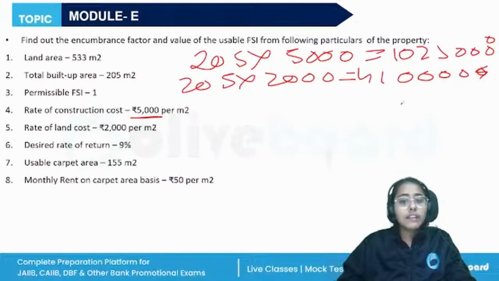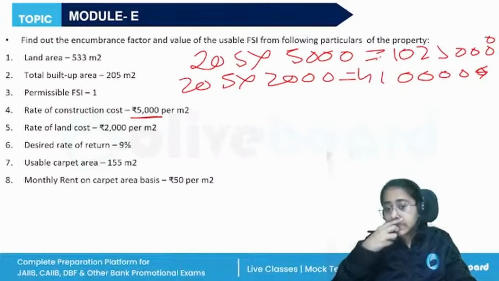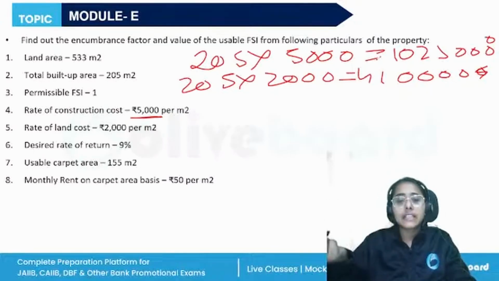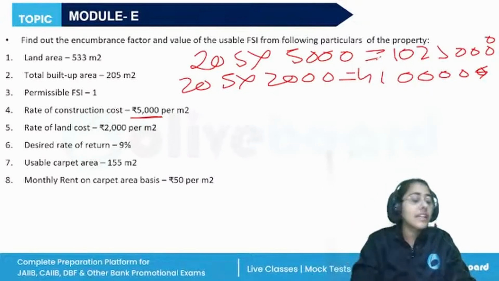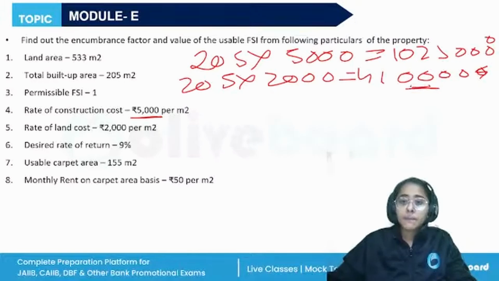Then the third point will be the total cost. The total cost and the desired yield will now be calculated. Why? Because 9% is given as the desired yield or return. So the total cost, we will add both of these, which will give us around 14 lakh 35,000.